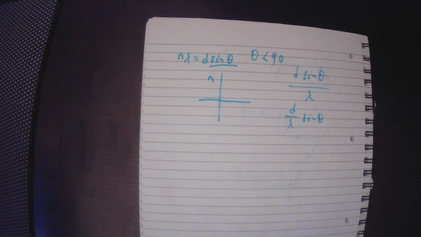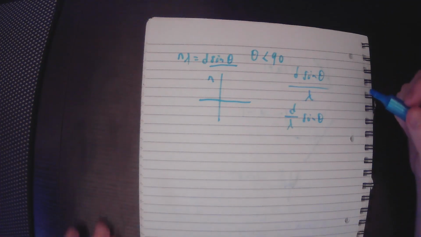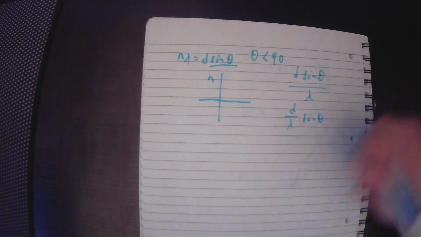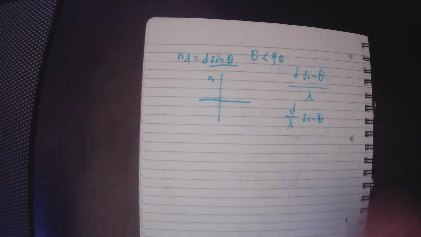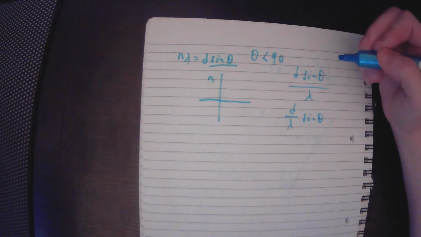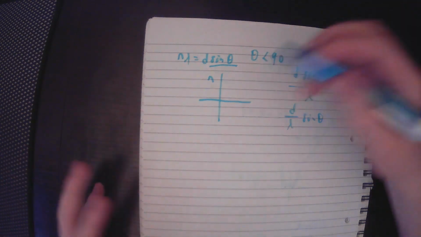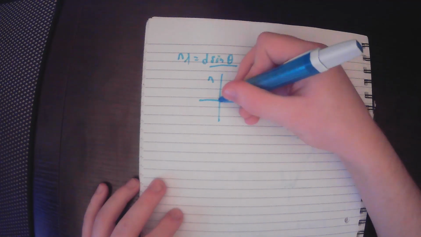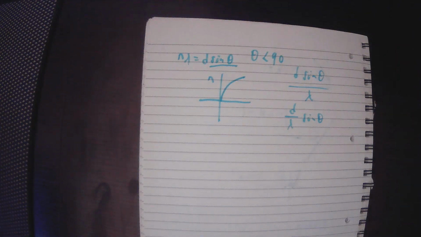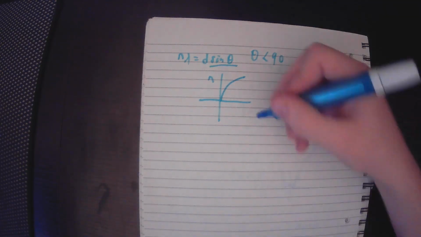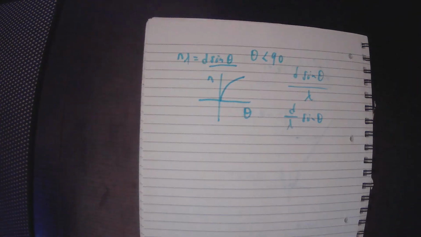This is just an example, and the sine theta is obviously going to change with the angle. However, sine theta does not go up proportionally, so it will be a graph that looks somewhat like this. And again, that is not a straight line if we plot it against theta.